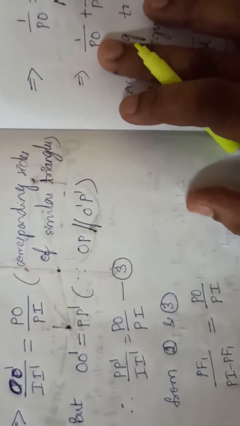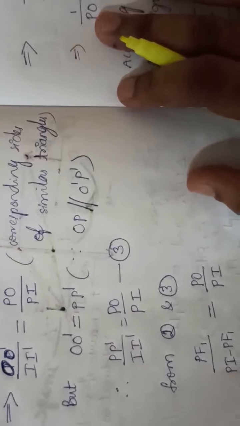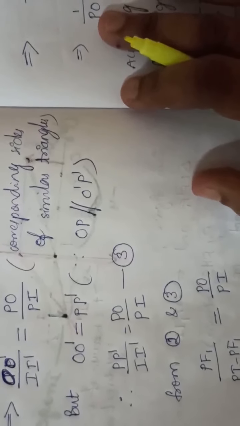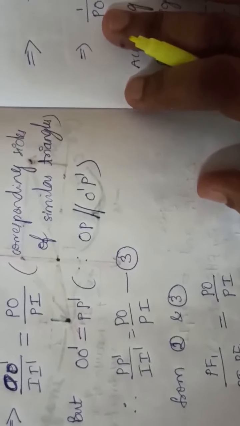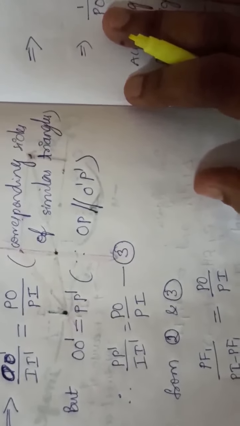So I am writing that the corresponding sides of the two similar triangles are in equal proportional ratio, like that. O dash P dash by I dash, these two are heights of the two similar triangles, and PO by PI, these two are the bases of the two similar right angle triangles.